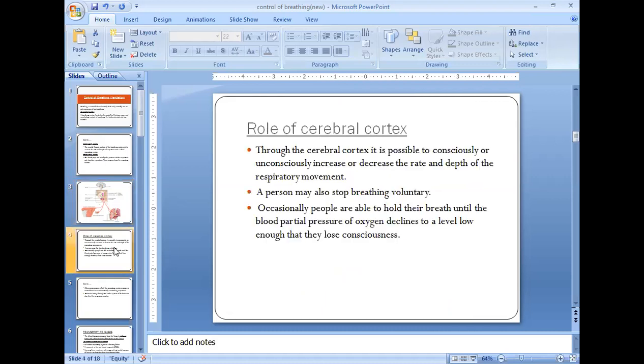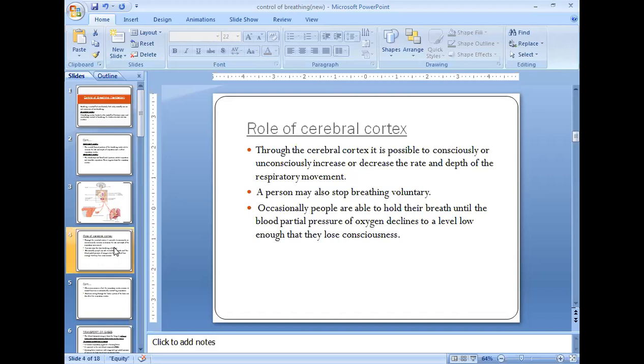Next is the role of the cerebral cortex. Students, the cerebral cortex is also part of the brain. The cerebrum is part of the brain. It is divided into two hemispheres called cerebral hemispheres, and the outer part of the cerebral hemisphere is called the cerebral cortex.